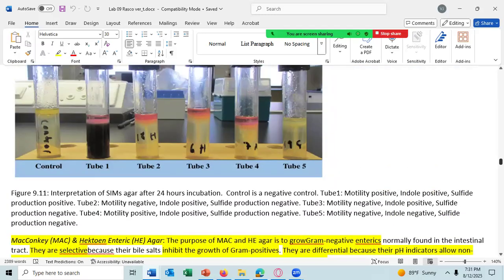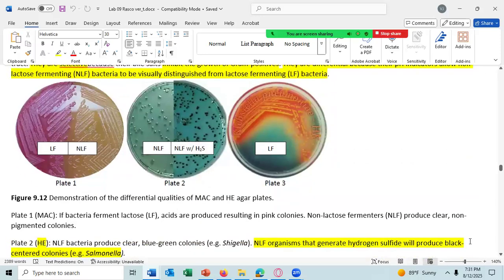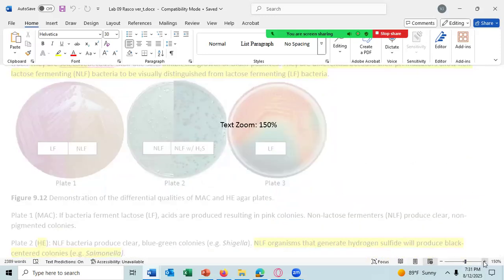There's SIM again, where it's black when hydrogen sulfide is made. And then the HE plate, if the bacteria can produce hydrogen sulfide on an HE plate, the bacteria colonies will be black.